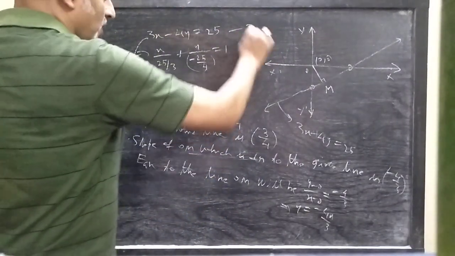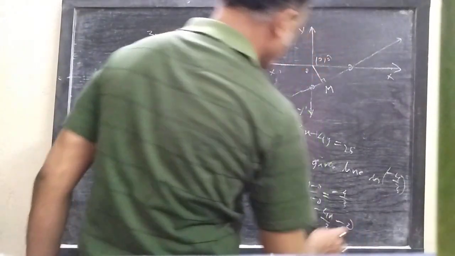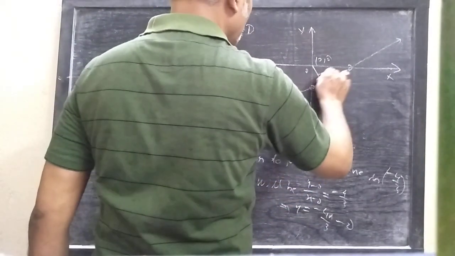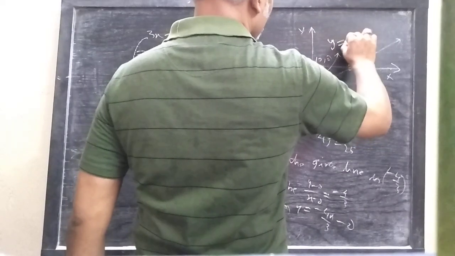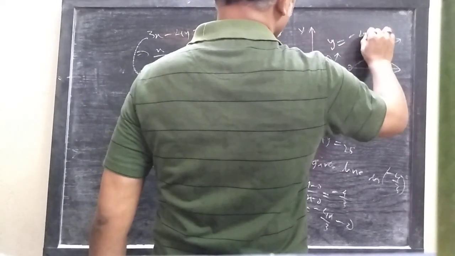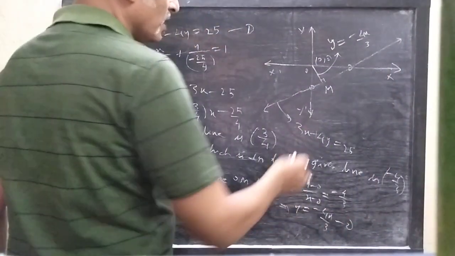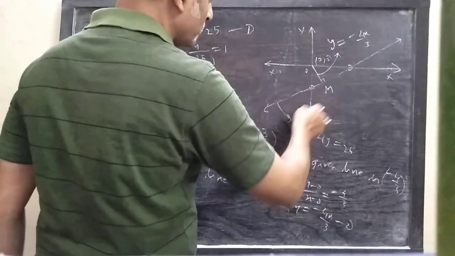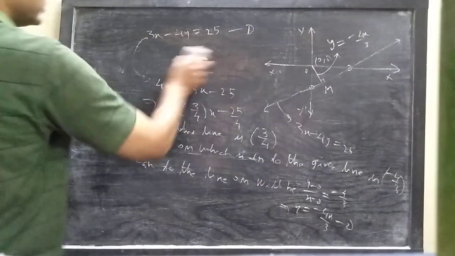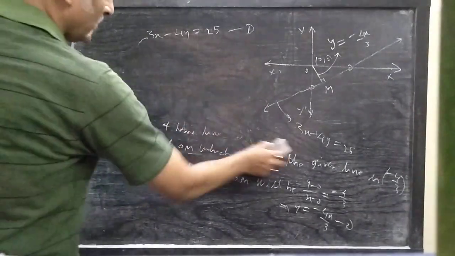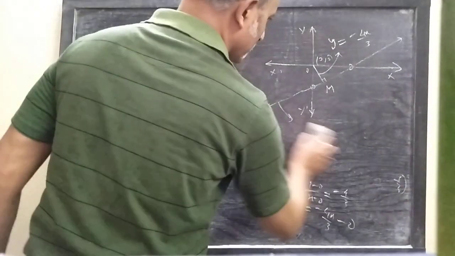Say this is number 1, this is number 2. You obtain the equation of this line as y = -4x/3. Now if you solve these two equations, you get M.